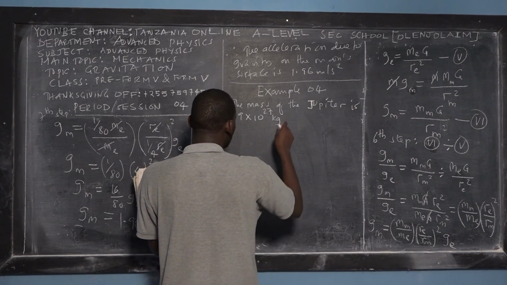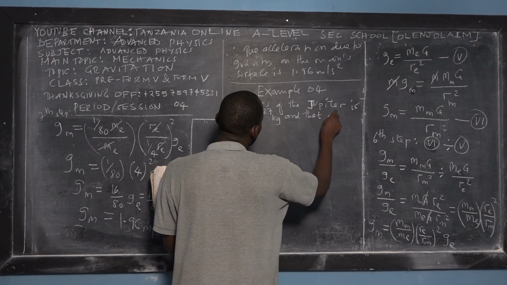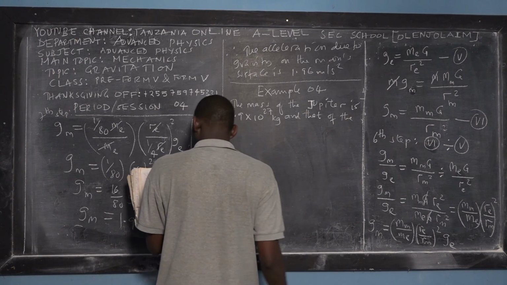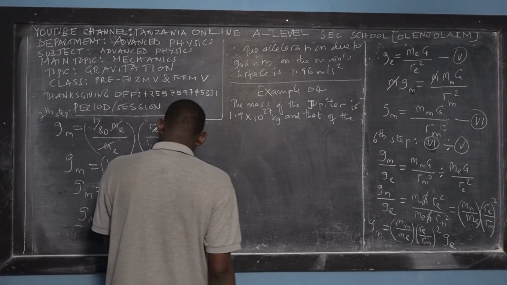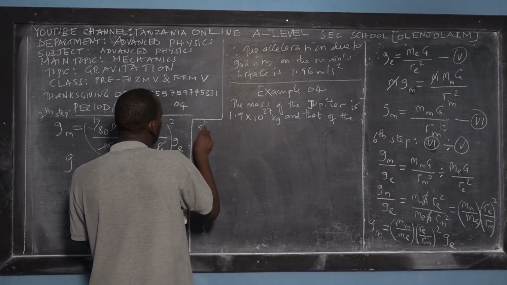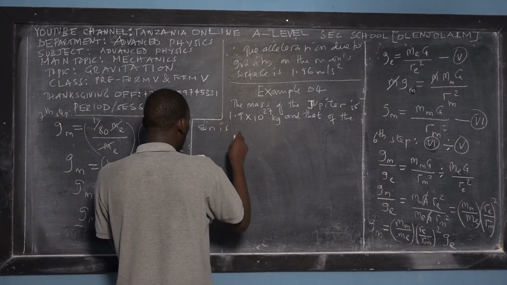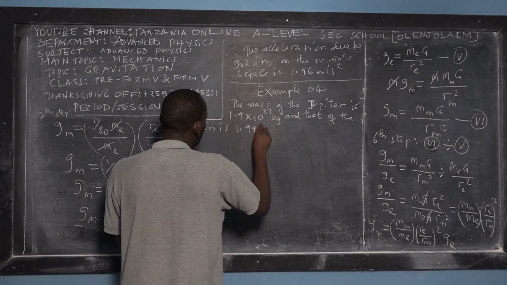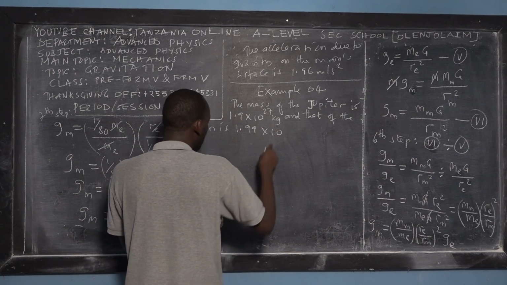And that of the Sun is 1.9 exponent 30 kilograms.